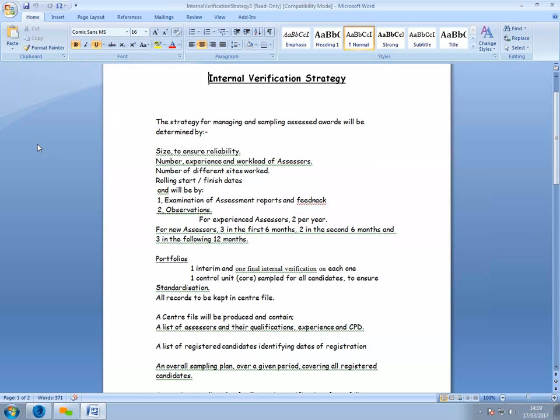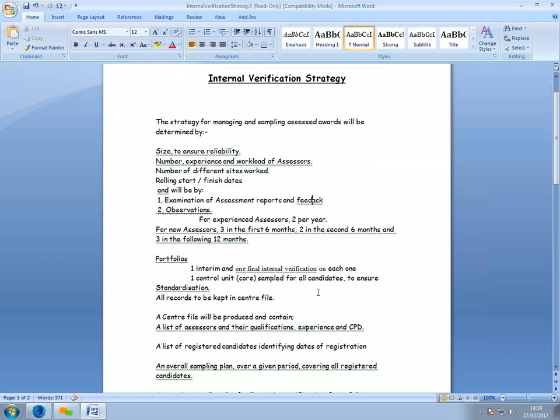Observations: for an experienced assessor, I put 2 per year on there because all the assessors were not very experienced. Even the experienced ones didn't have a lot of experience, but I kept it at 2 per year.